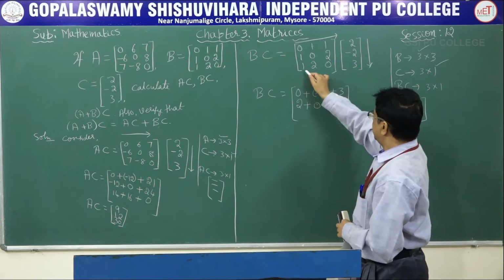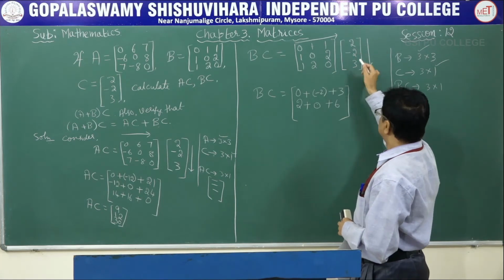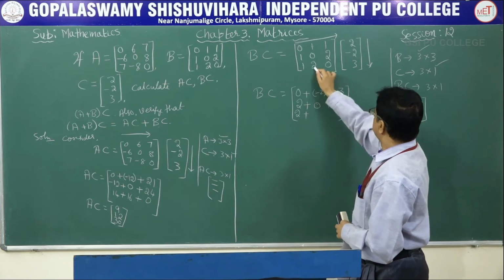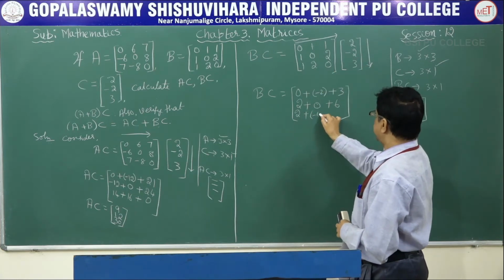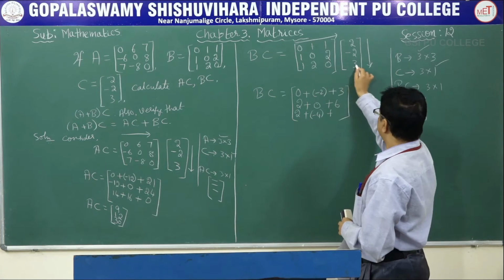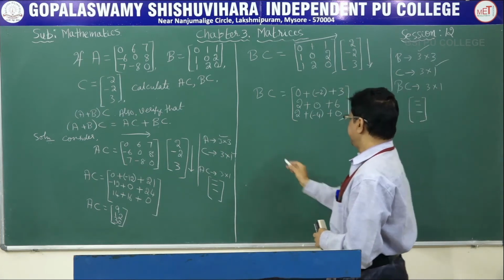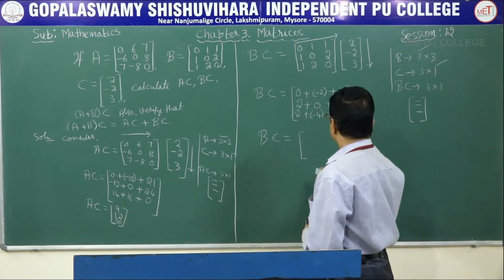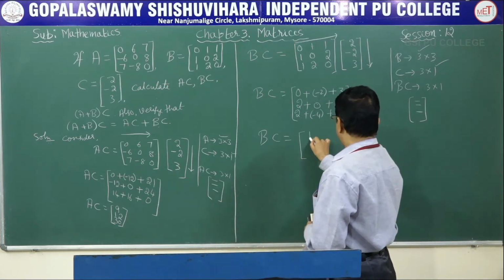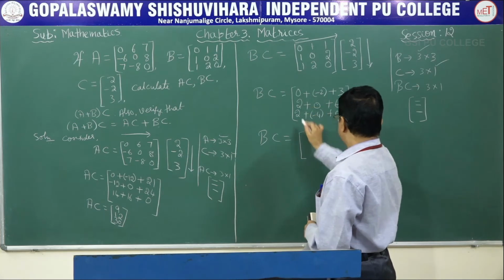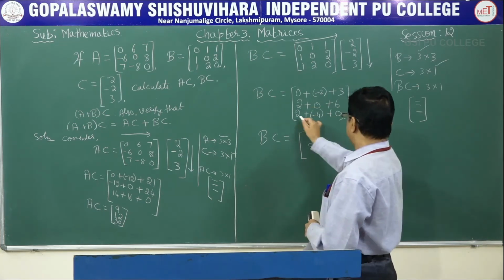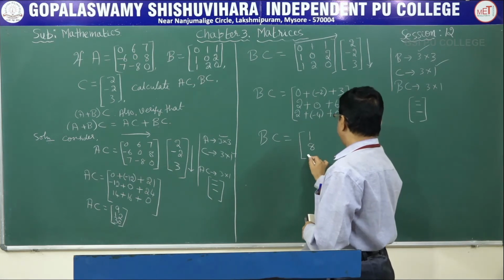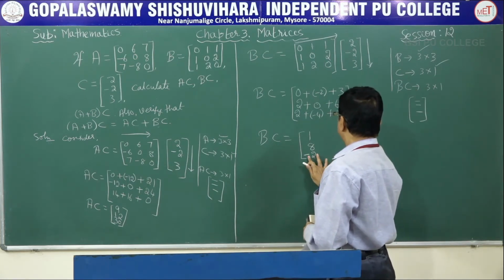Next element will be third row into the column. 1 into 2, 2 plus 2 into minus 2, minus 4 plus 0 into 3, 0. So BC matrix will be minus 2 plus 3, 1, 6 plus 2, 8, 2 minus 4 will be minus 2.